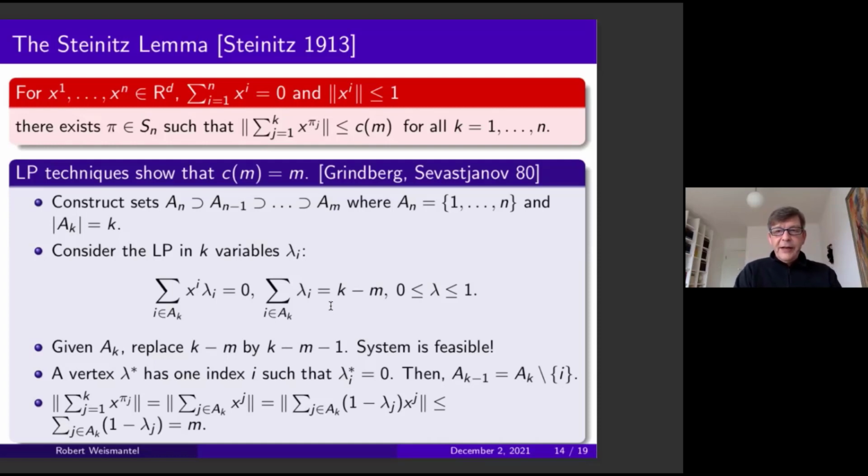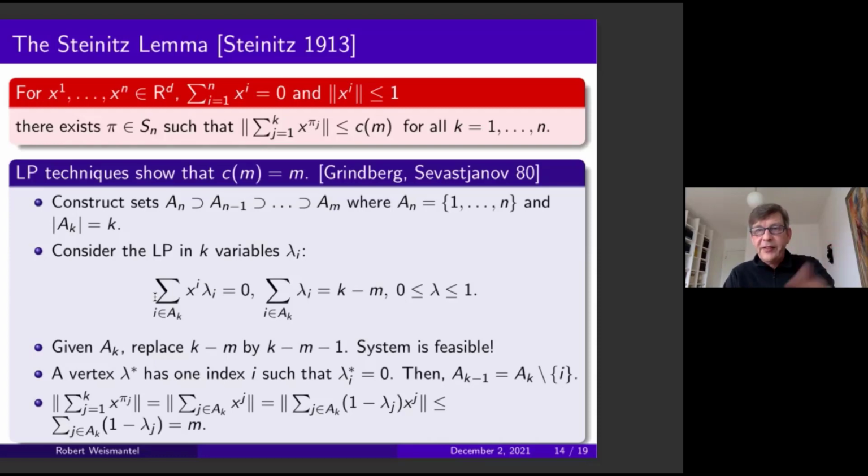And then you are essentially done, because now you choose A_{k-1} as the set A_k, where you just drop this last index i, which happens to be 0 in this extreme point solution. A one-line argument shows you that this gives you the bound, because if you sum according to this permutation, j from 1 to k, then this is the same as the sum over j in A_k of x_j. And this is the same as the sum over j in A_k of (1 minus lambda_j) times x_j, simply because the sum of lambda_i x_i is equal to 0.